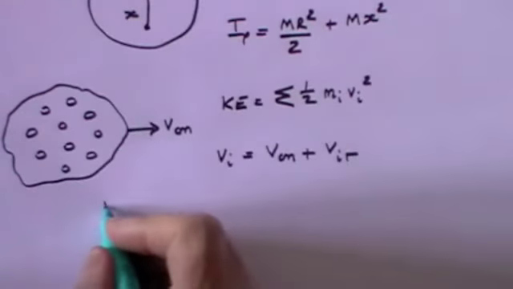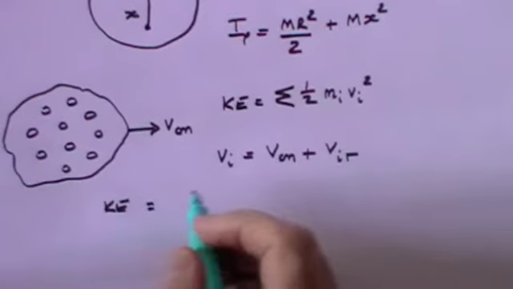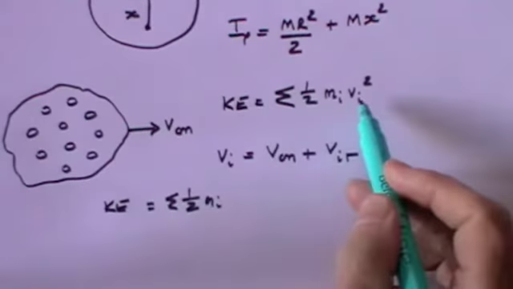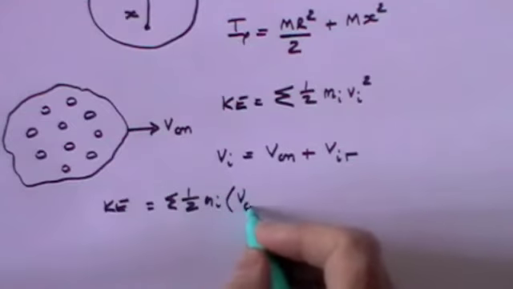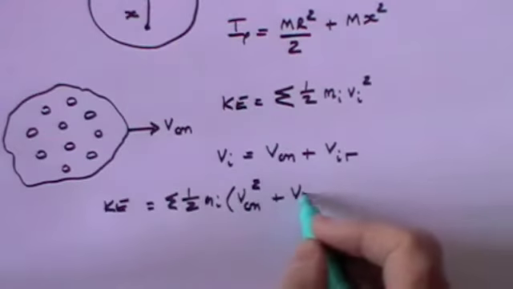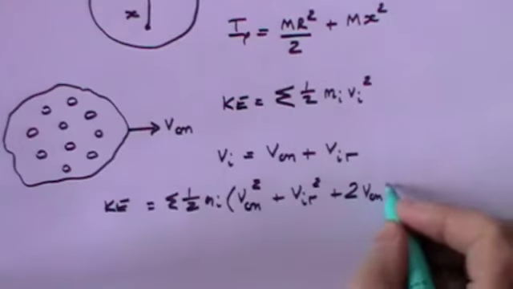So now I've got that the kinetic energy is this term up here, which is the sum of half mi, but instead of vi squared, I'm going to take the square of that term, and that will be v centre of mass squared plus vir squared plus 2 v centre of mass vir.